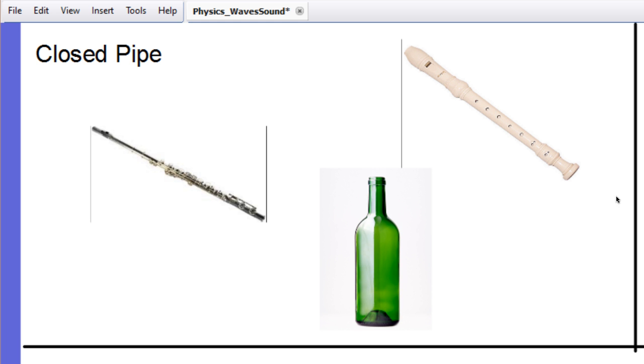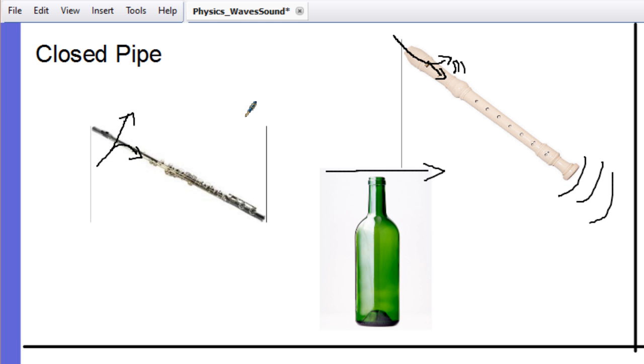Closed pipe, this is a little more confusing. When you blow air into a recorder, it splits. Because it splits, it starts to vibrate a little bit, which causes our nice big vibrations. Same thing with the flute, you blow over it like this, but some of it splits and goes that way. Same with the bottle, you blow across it like that, but some of the air goes inside.